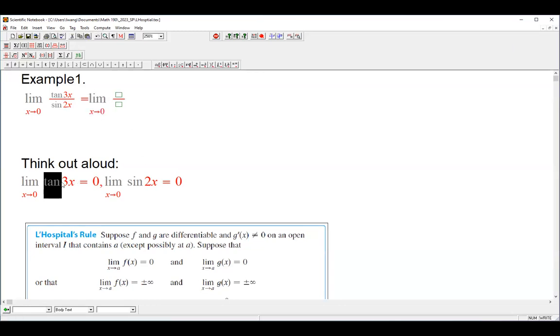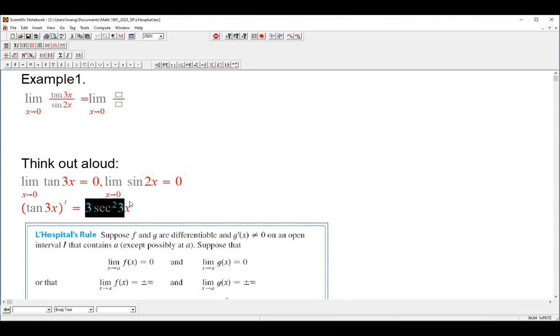right? So we take a derivative of tangent 3x. We take a derivative separately, okay? The derivative of tangent 3x, of course, we're going to apply chain rule, right? The derivative of tangent u is secant squared 3x. And then we have to take a derivative of 3x. So we're going to have a 3. It'd be better we put the 3 in the front.